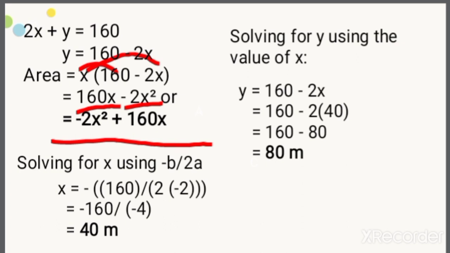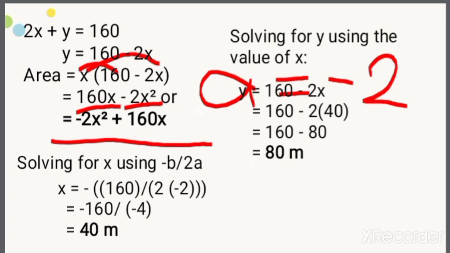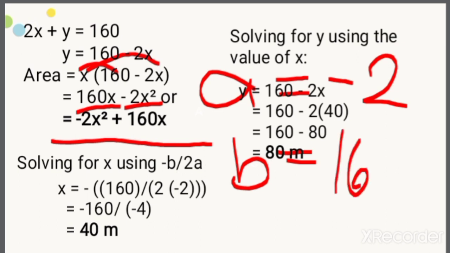To solve for x, we will use negative b over 2a. Our a equals negative 2 and our b equals 160.